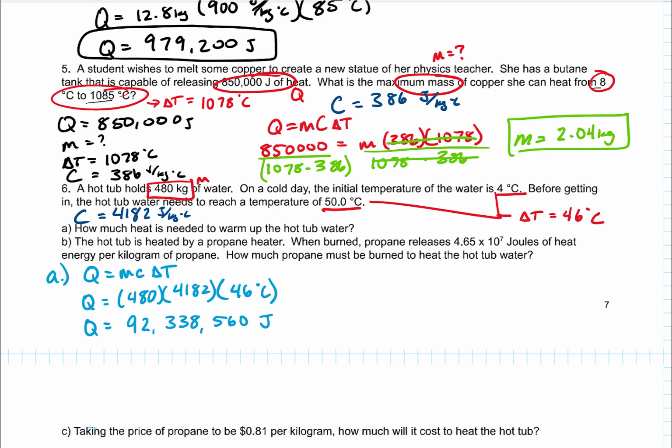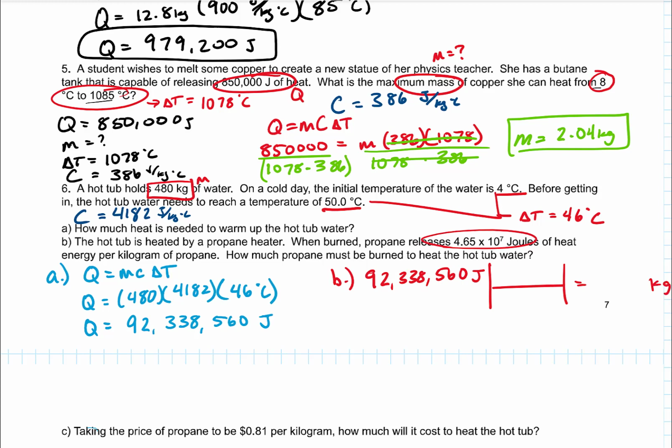In context, we have propane that releases this many joules of heat per kilogram. So we want to know how many kilograms we've got. So it's a conversion, kind of a throwback to chemistry. But if we have 92,338,560 joules of heat, we want to convert that from joules to kilograms.